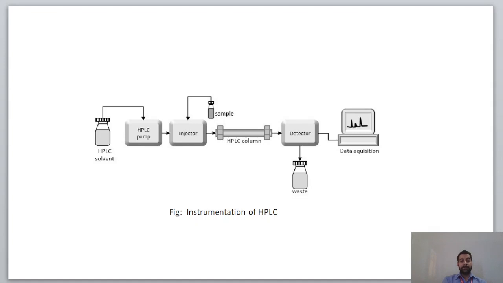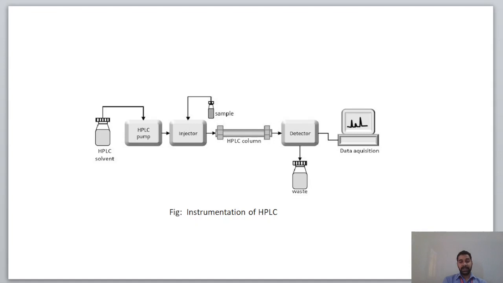With the help of pump, the solvent can be injected towards the injector and the sample can be injected through this injector port, and after the injection, with the help of this mobile phase solvent, this compound can be entered into the column, where column is considered as the heart of HPLC system, where mostly the separation takes place.